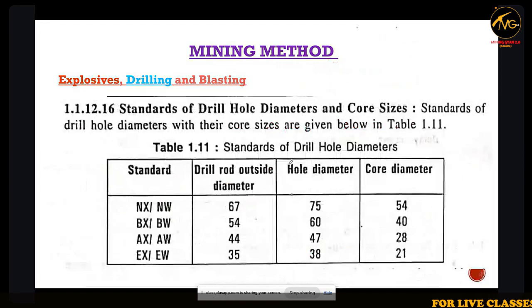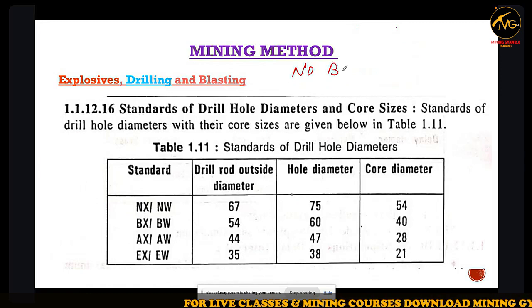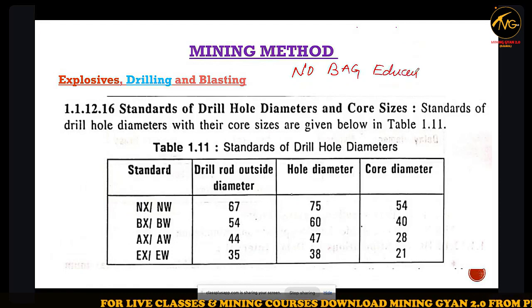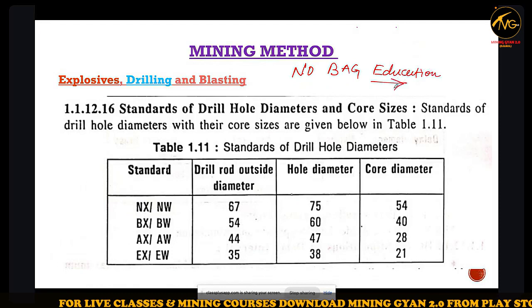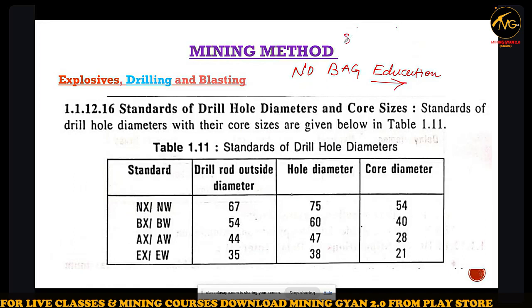Come to the standard drilling hole diameter and core size. I made a trick for this: no back in education. Have you heard this one? No back policy. Many governments have taken the no back policy on Saturday or any one weekday. So no back in education.